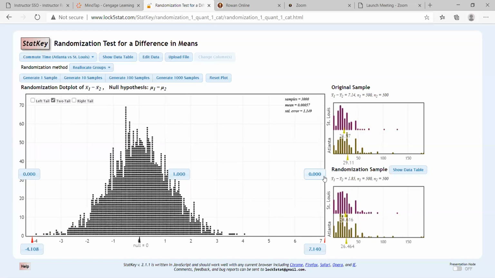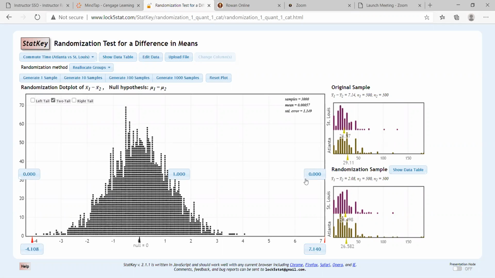Now, with p-values, this is very important when we do two-tail tests. The p-value is going to be the sum of these two numbers, this number plus this number. You have to remember that. You have to write this down. I do have it in the instructions. When you do a two-tail test and you plot the sample statistic in one of these boxes, if it's positive, you plot it here. If it's negative, you plot it over here.